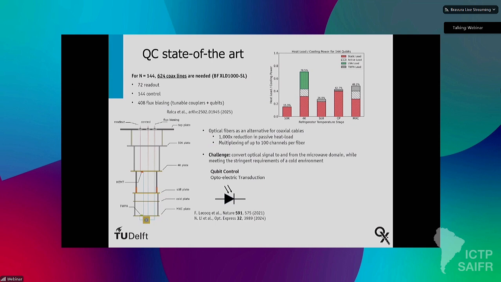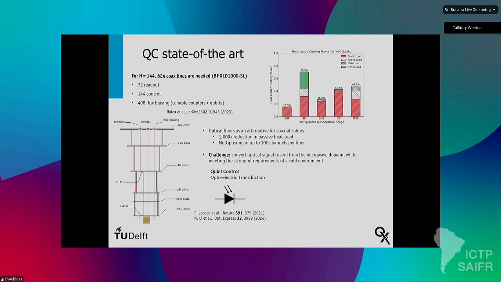There have been some interesting proposals and first demonstrations, in particular around optical control of superconducting qubits. This is from John Teufel's group at NIST, essentially showing that if you use a photodiode inside a cryostat, you can convert an optical signal back into an RF signal, and you can use this to control a qubit.